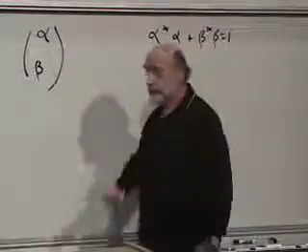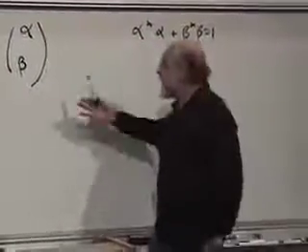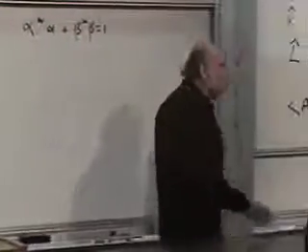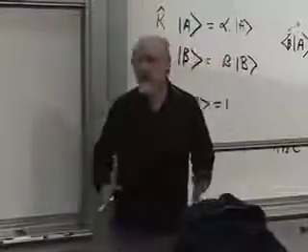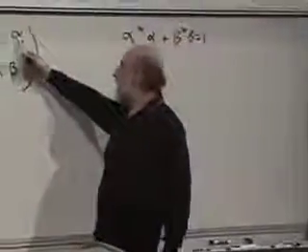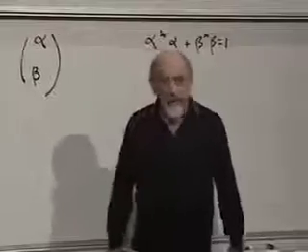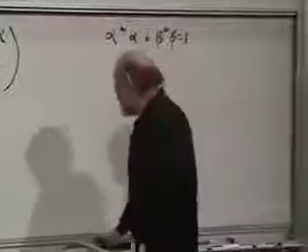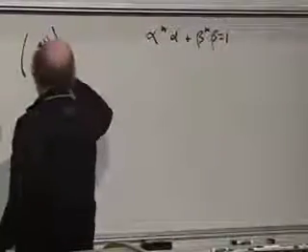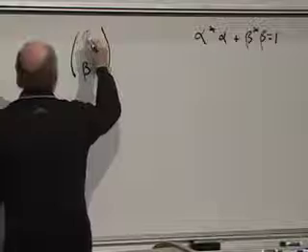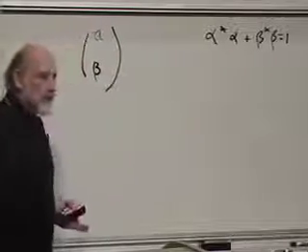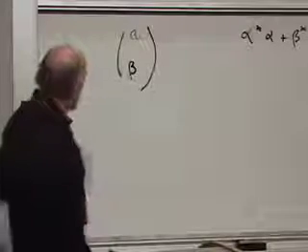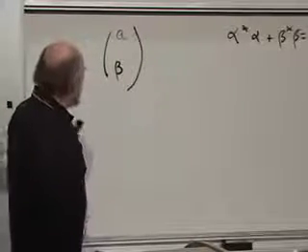But we can always choose to make the upper component real by multiplying by the appropriate phase to get rid of the complex part of alpha here. So we could always choose alpha to be real. Now that it's real, let's give it another name, a. I'll use Latin letters for the moment for real numbers, and complex numbers down here, beta. All right, so how many do I have left?